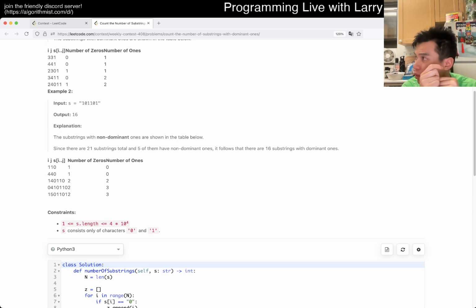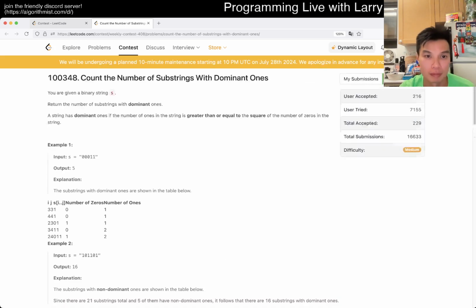Am I missing like a binary search or something? I don't think so, because it depends on the number. Okay, if I'm doing prefix sum, how would that even work?